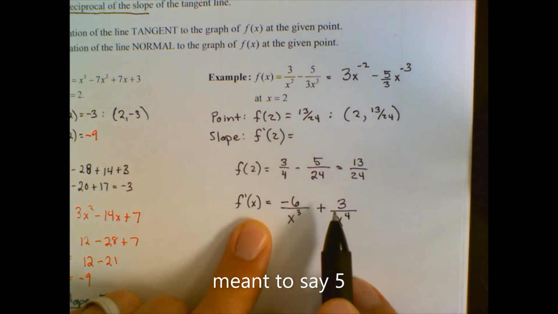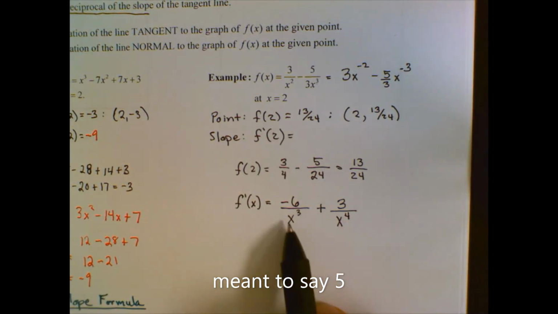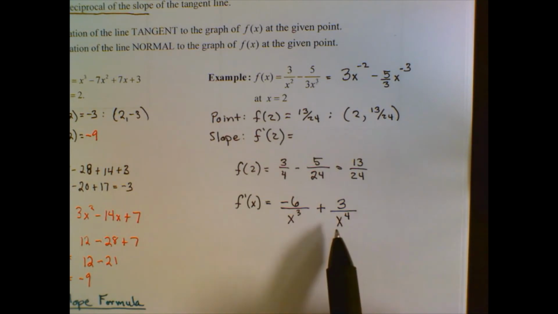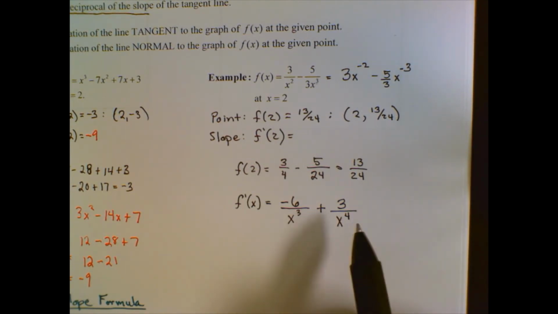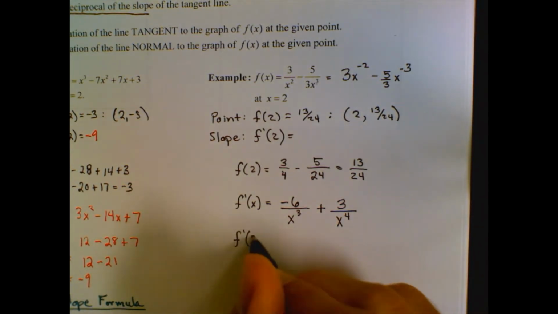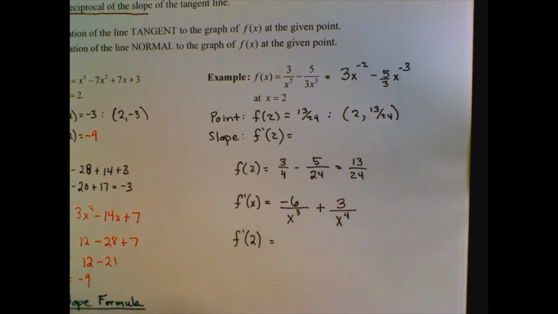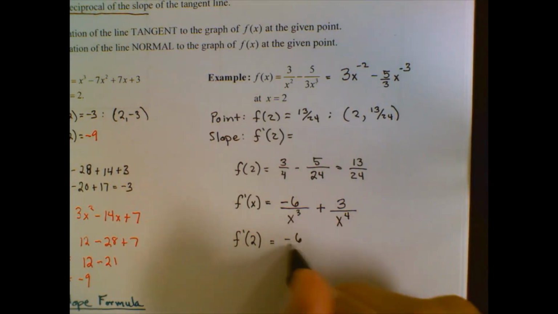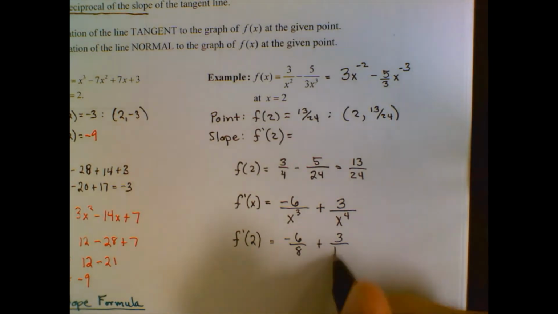Now, it is optional to put these powers down in the denominator again. However, if you don't, then 2 is going to be a little bit more difficult to substitute in. Okay, so this is going to be -6 over 8 and 3 over 16.